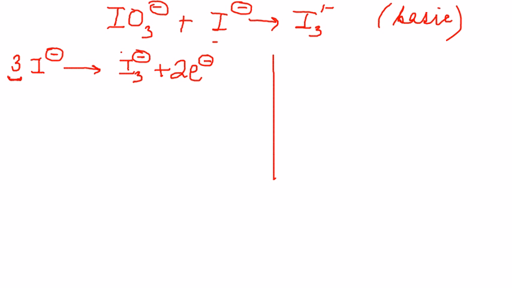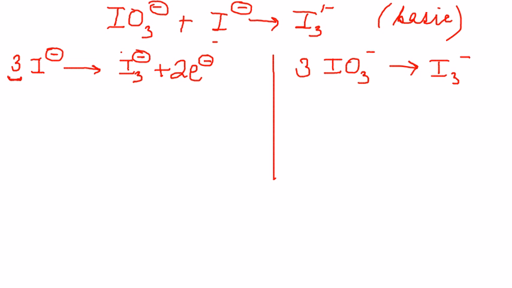The other equation I have here is IO3 with a negative sign, which is becoming I3 with a negative sign. So far it seems like both of those are negative charges, but again, you have to balance out every atom other than oxygen or hydrogen, and that means you will have to multiply the left hand side by 3.